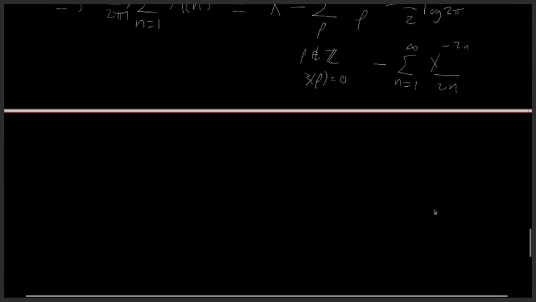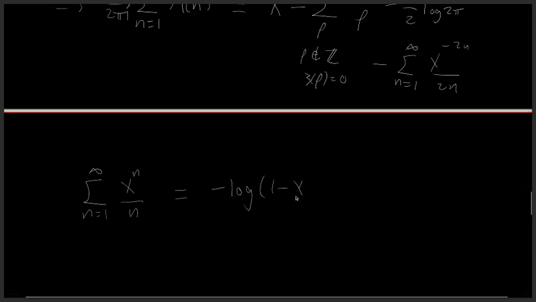And now for this, what we can do is we can recognize this as a Taylor series. So recall that the sum of x to the n over n is minus log of 1 minus x, right?